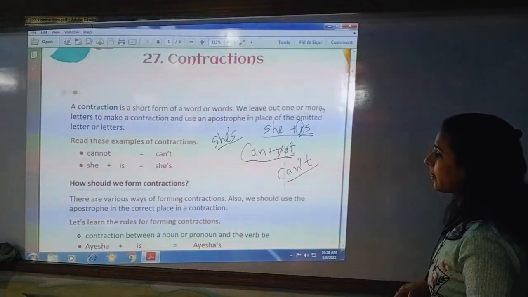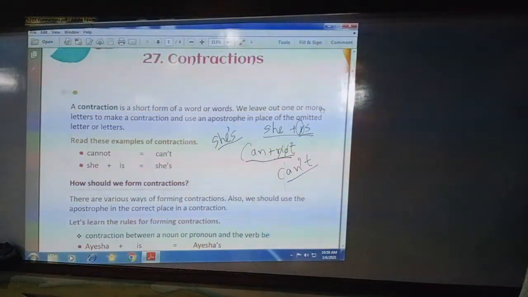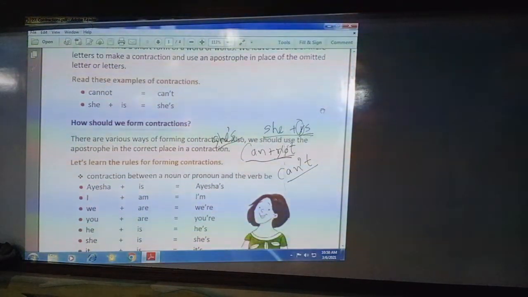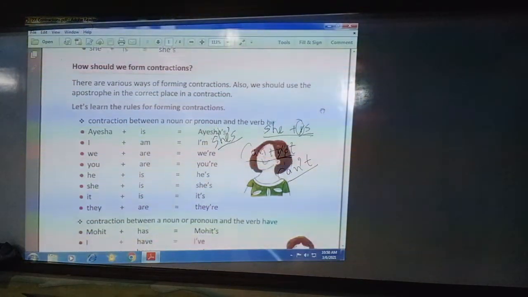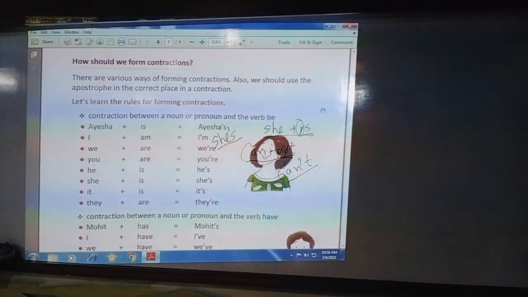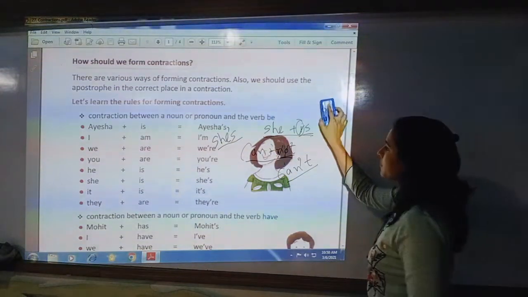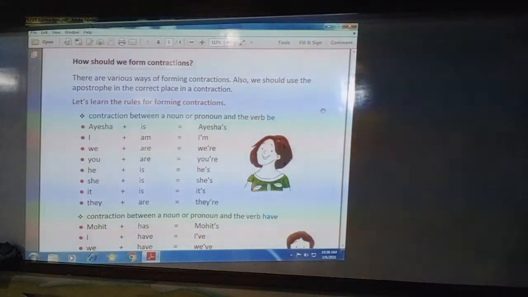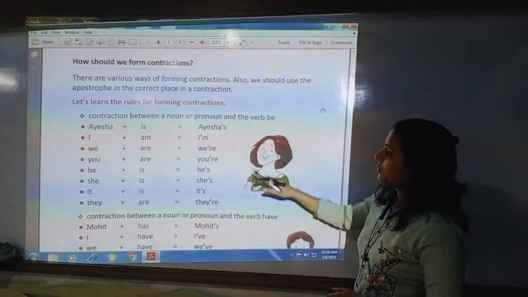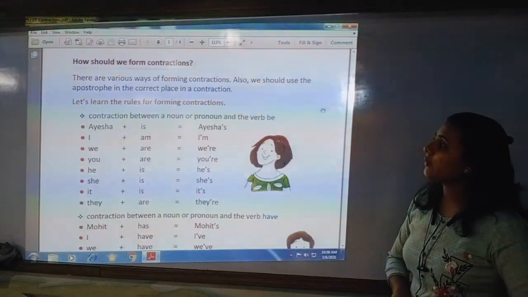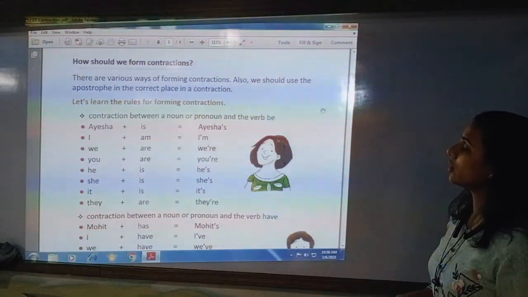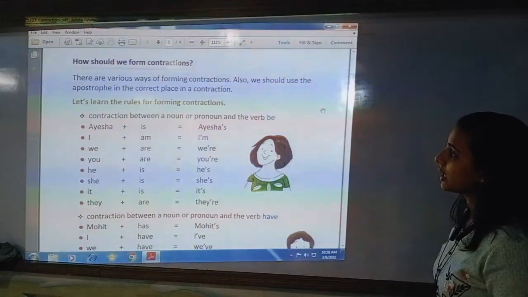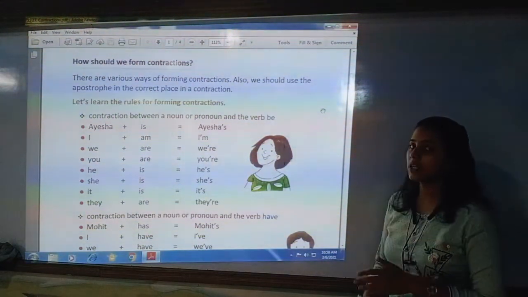Now, let us understand the formation, how contraction is done. See here, there are various ways of forming contractions. Also, we should use the apostrophe in the correct place in a contraction.